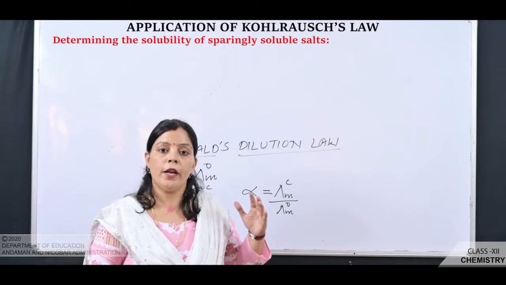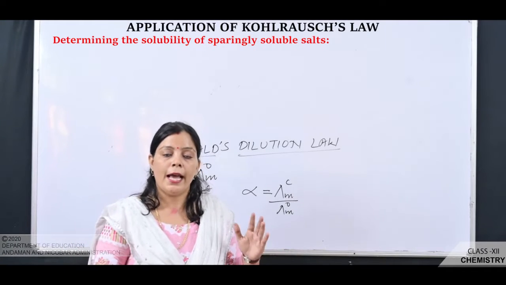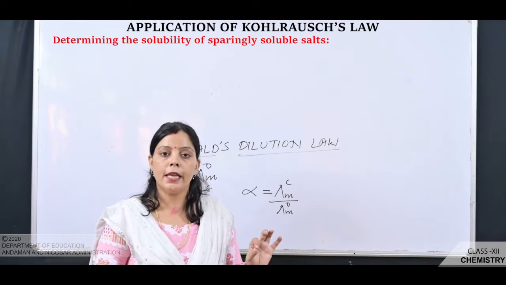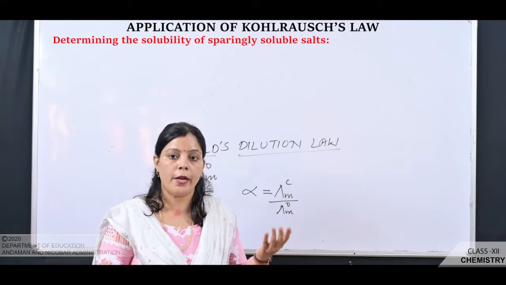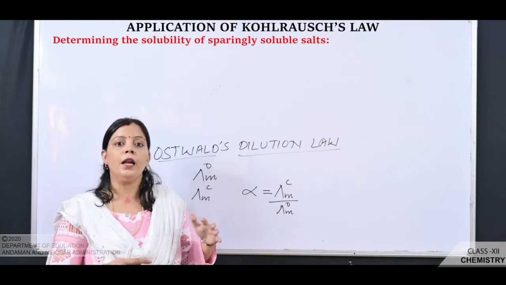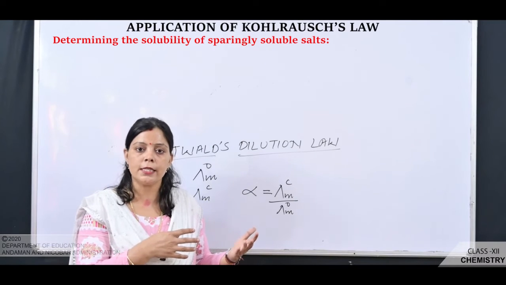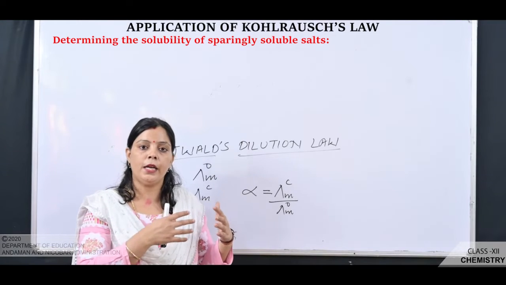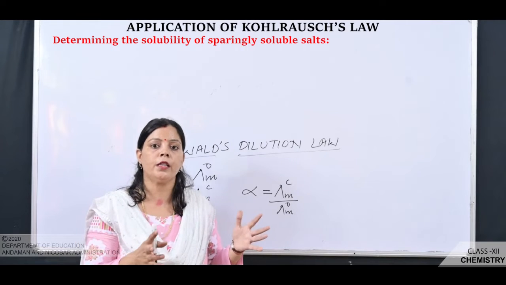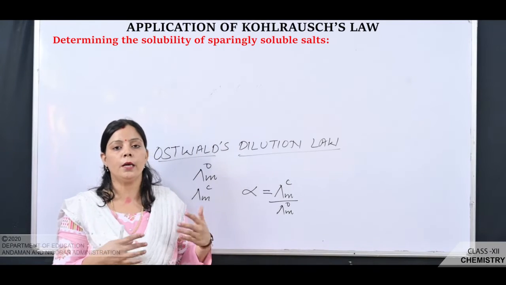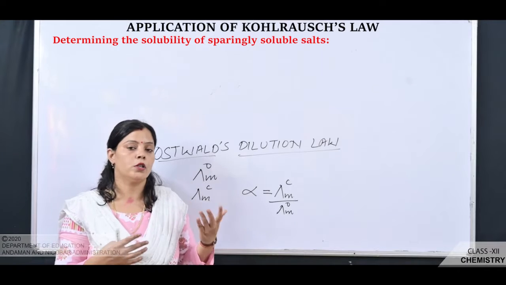So according to Ostwald dilution law, as the dilution increases, the degree of dissociation of the weak electrolyte also increases, because when we add more solvent molecules, the concentration decreases, and the electrolytes undergo more ionization. They are converted into ions, and consequently the molar conductivity of the electrolyte also increases.